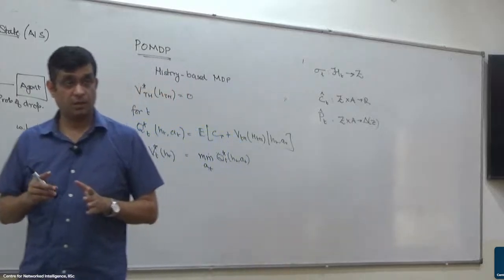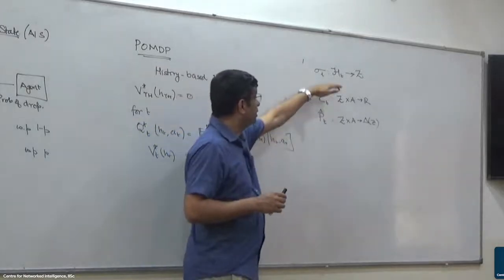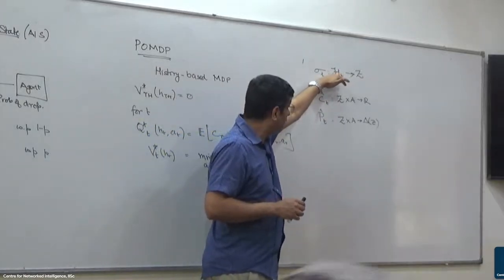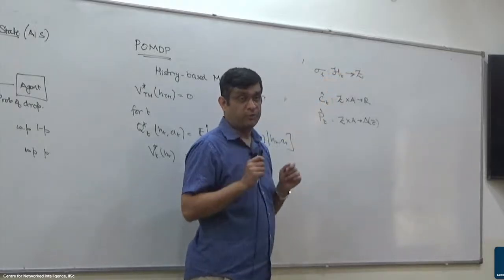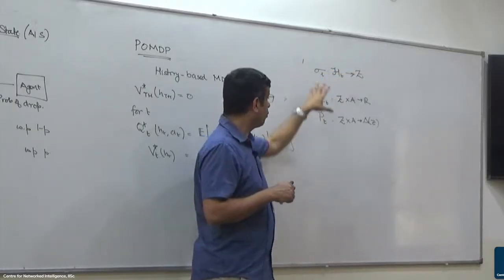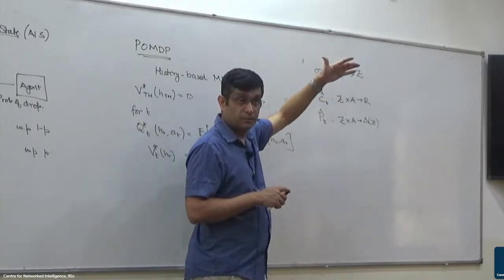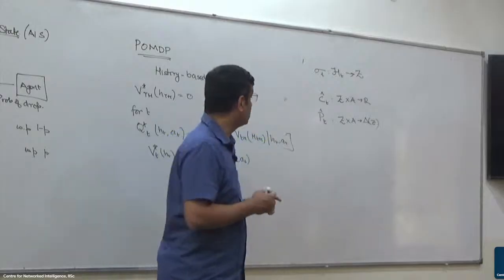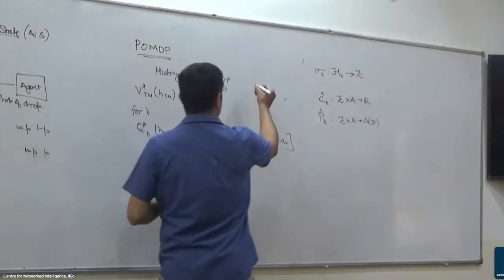Okay. But my intuition is, if in some sense this AIS is close to the true information state of my system, then what I do here should be close to the optimal policy. Okay. So in particular, I can think of this history-based MDP as the true model of the world.